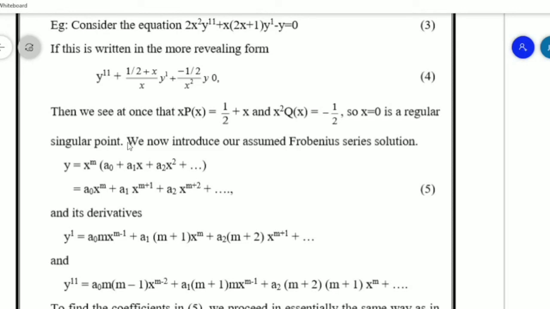And substitute all these terms in our given equation 3, that is 2x squared y double dash plus x(2x plus 1) y dash minus y equal to 0.